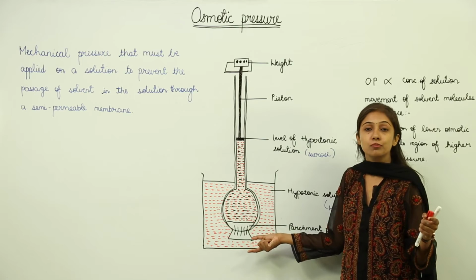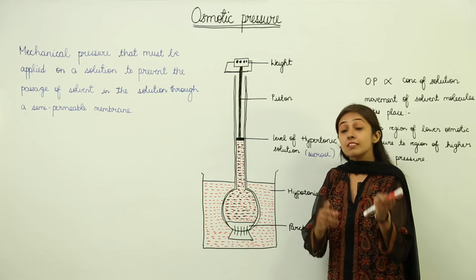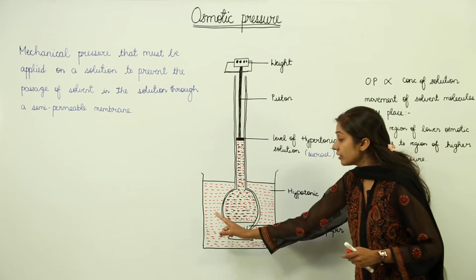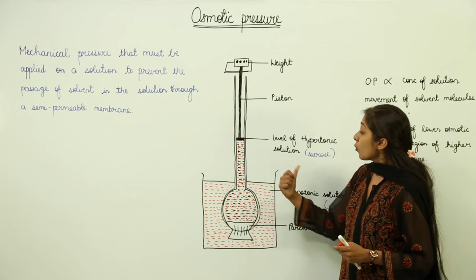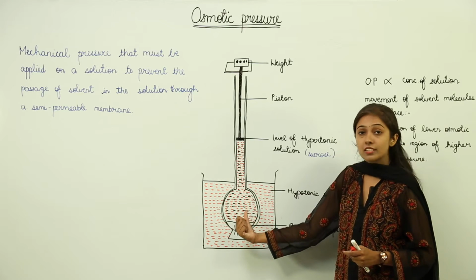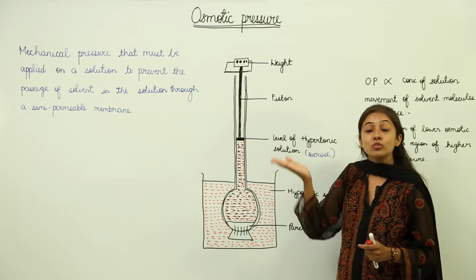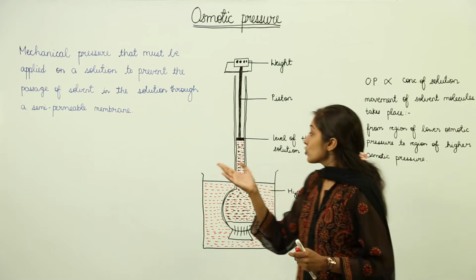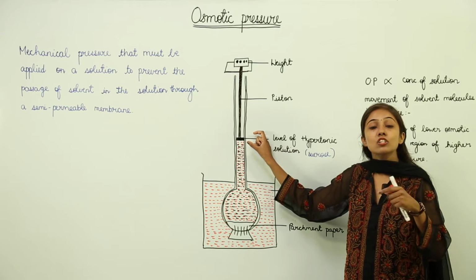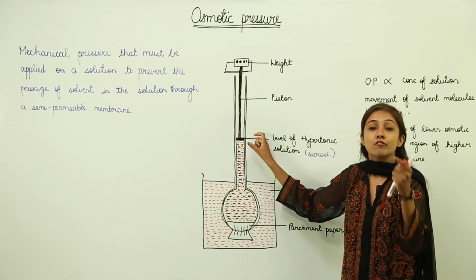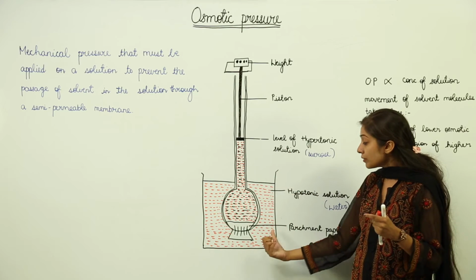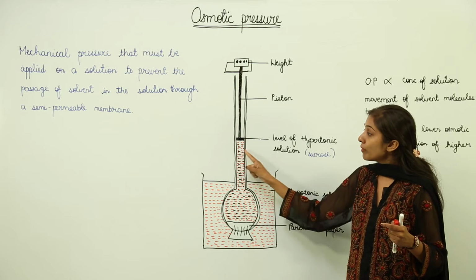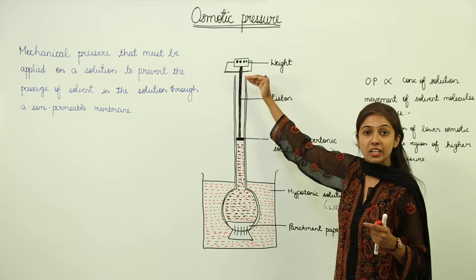We call this process endosmosis, which means the water is going to enter from the beaker into the thistle funnel. When the water enters the thistle funnel, the piston is going to rise upwards. So, the movement of the piston upwards is proof that endosmosis is taking place.